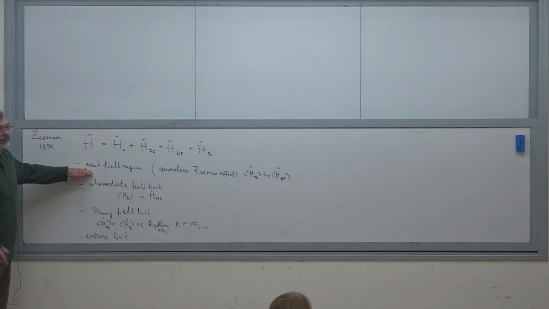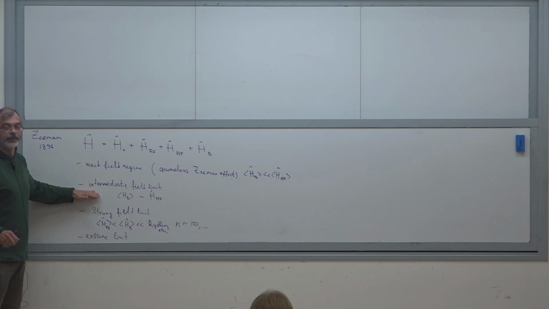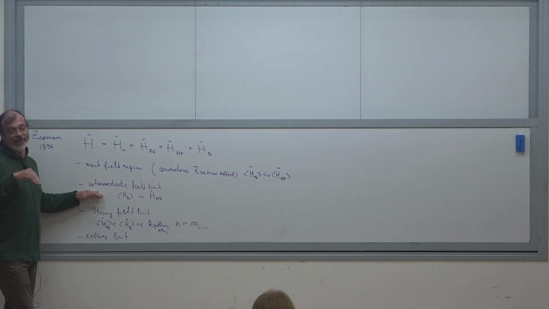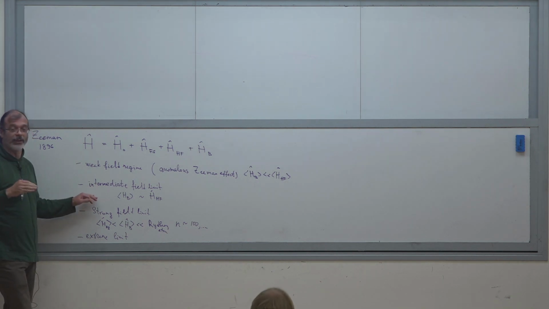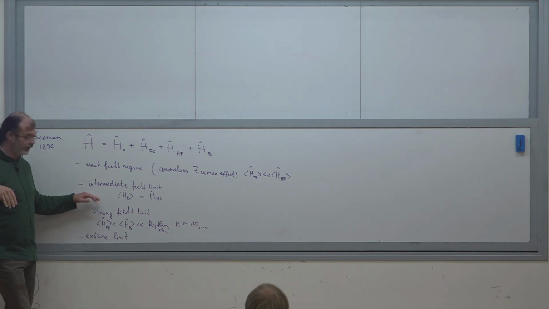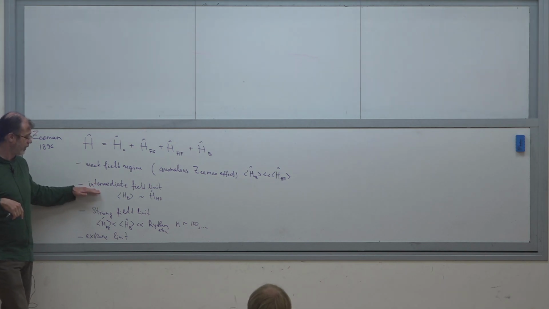In this regime, F is still a good quantum number. Here, F is not a good quantum number anymore. So we have to consider J, which is the sum of L and S, as a good quantum number. But I has to be removed from this story and considered independently.